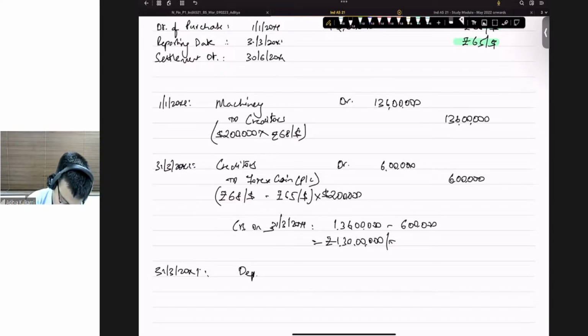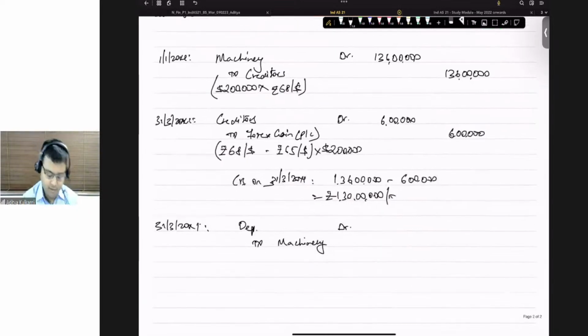So depreciation debit to machinery. Okay.